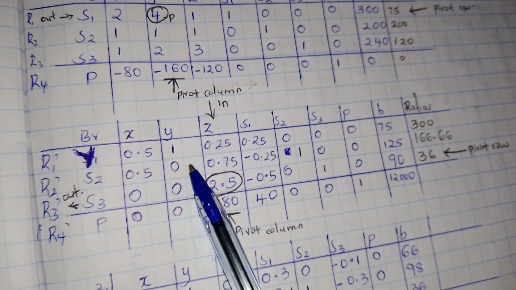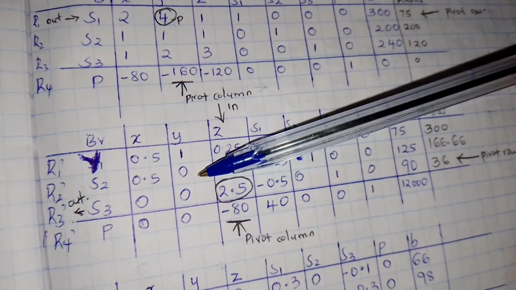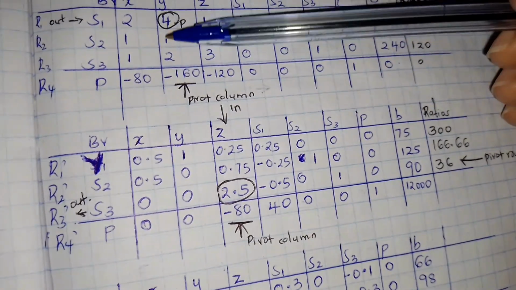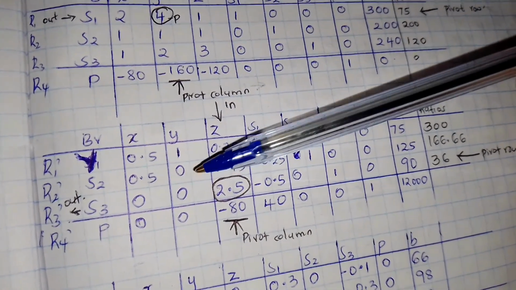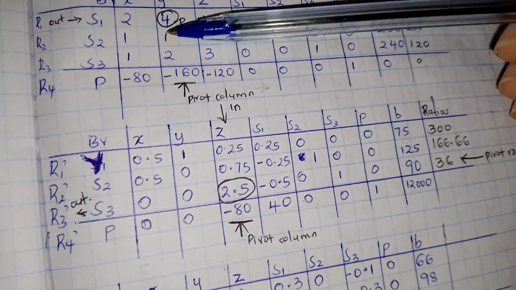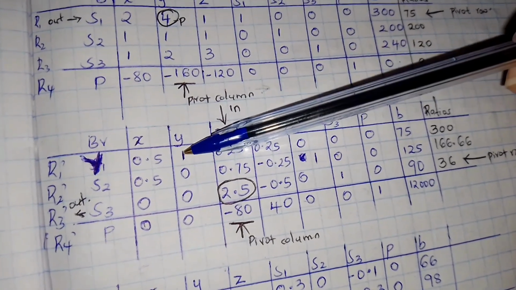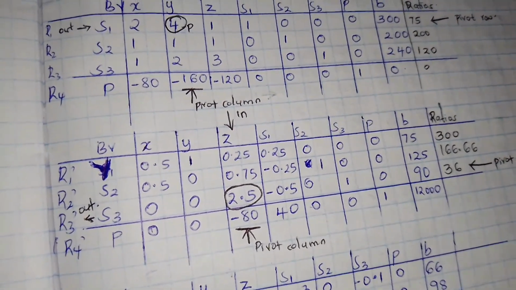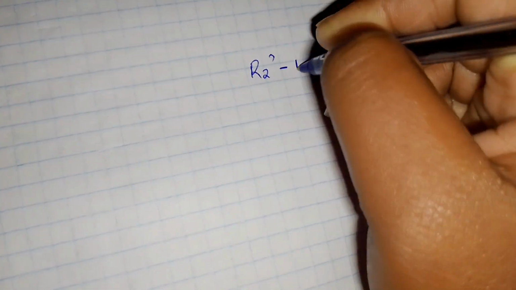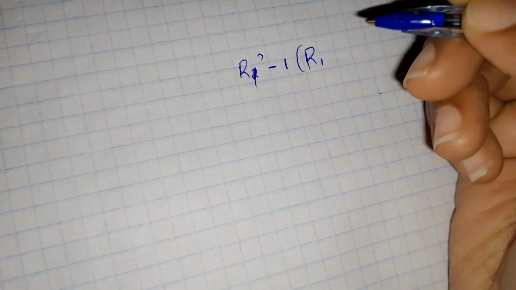Then for you to get row 2 prime, remember we said everything that is below the pivot should be 0. So we have to form an equation that will make this number a 0. So row 2 prime becomes row 2 minus 1 into row 1 prime.